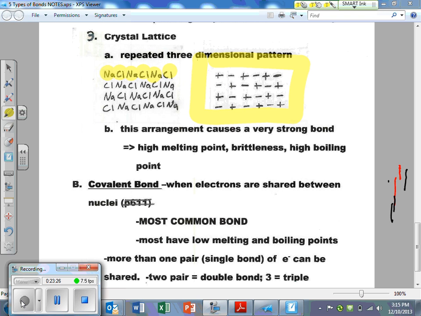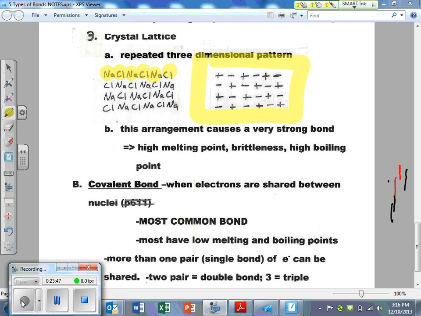Do you see that? That's the way any salt comes together. So saying there's one molecule of salt is incorrect. What we call that is a formula unit.